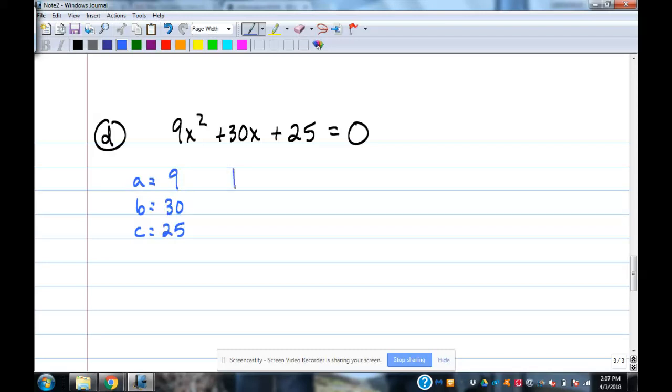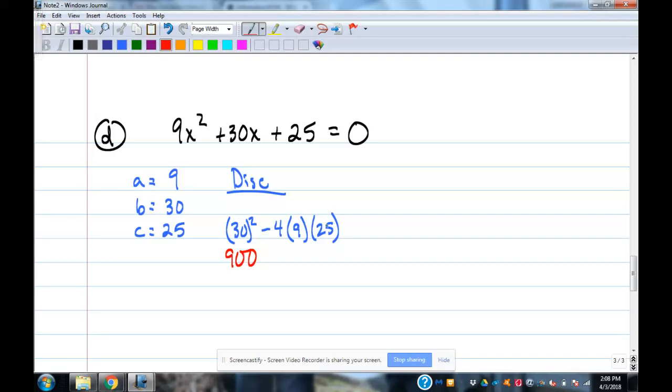Discriminant. 30 squared minus 4 times 9 times 25. 30 squared is 900. Good job. 4 times 9 is 36, times 25.